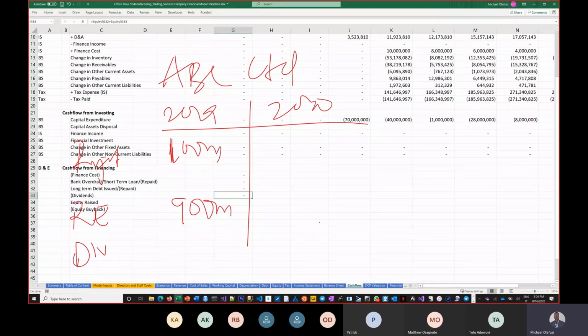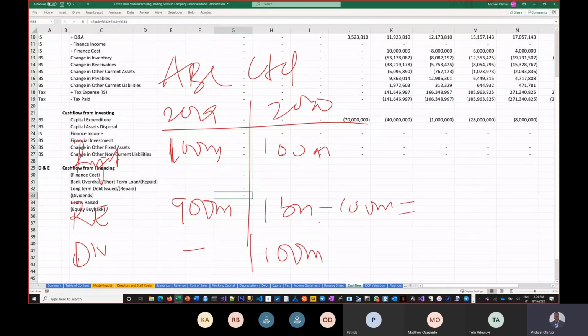Let's say you did not pay any dividend that year. Then next year you make 100 million naira, and we add this to last year's retained earning, so you should now have 1 billion naira in your retained earning. But if you decide to pay a dividend of 100 million naira, it will have to come out of your retained earning, such that your retained earning will now become 900 million.